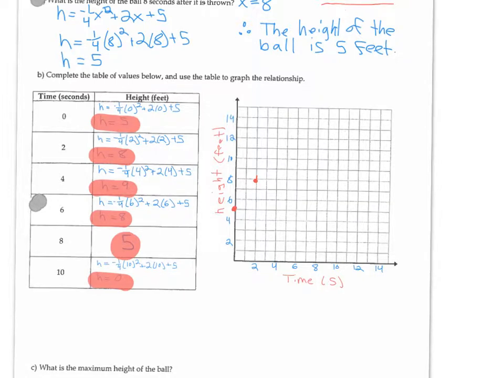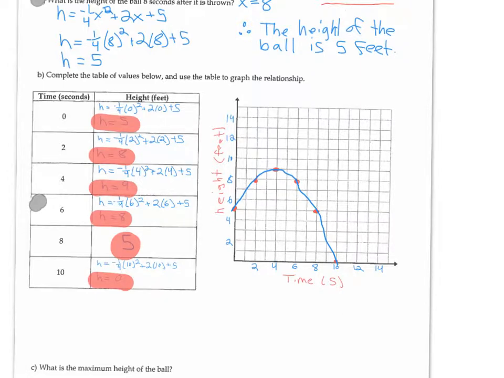At 4, height equals 9. At 6, height equaled 8. At 8, height equaled 5. And at 10, the height was 0. Draw your parabola, and you're finished.